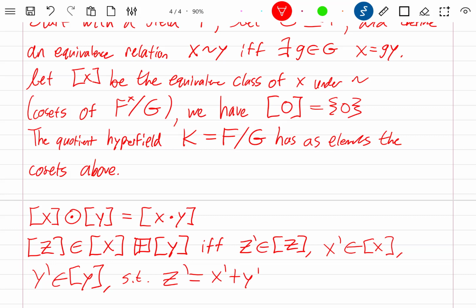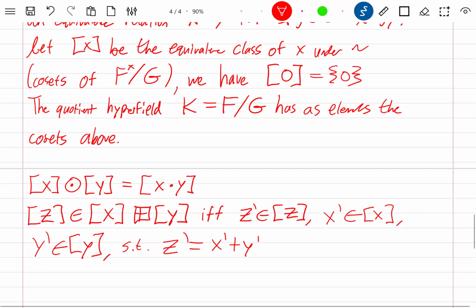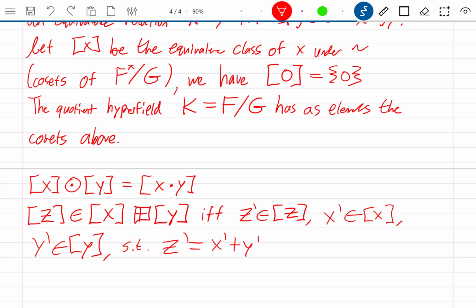So all this is saying is this equivalence class is in this sum if there's a representative here who's a sum of two representatives of each of those equivalence classes. So this is how Krasner defined a quotient hyperfield, and then he actually went ahead and showed this satisfies all the hyperfield axioms, so I will not do that here.